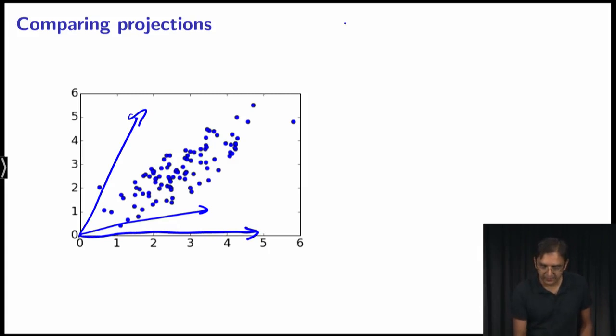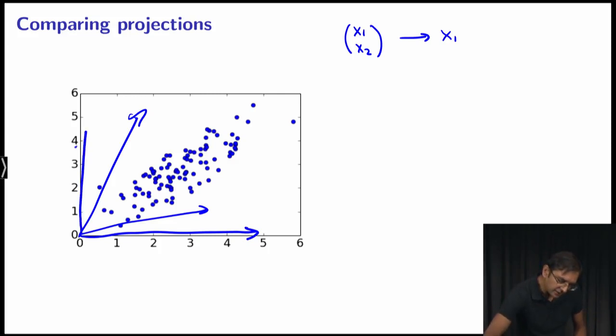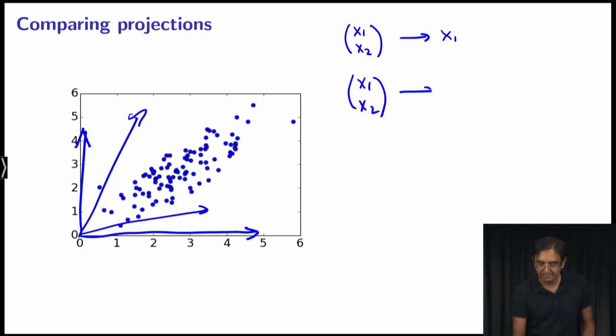Then a point x1, x2 simply gets mapped to its first coordinate, x1. What is the variance of the projected data? It's just the variance of x1. Let's say we project onto that coordinate axis. Then x1, x2 gets mapped just to x2. What is the variance of the projected data? It's just the variance of x2.